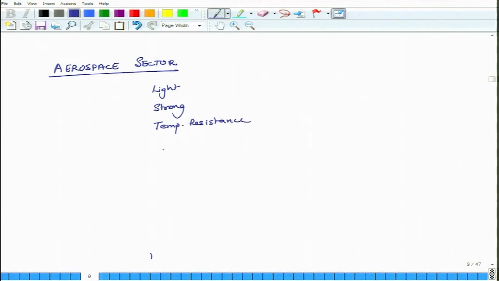Then you have places where you want to develop smart structures, and we will give examples of some of these cases. And then of course wear resistance. So, let us look at some of the applications. One application is aircraft.